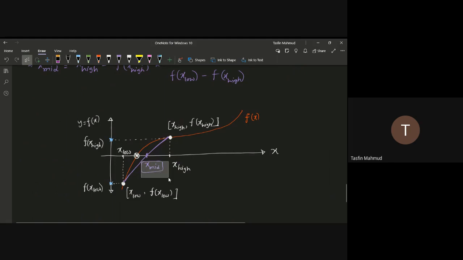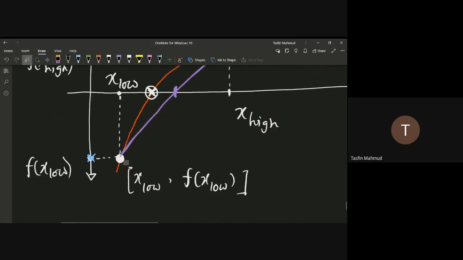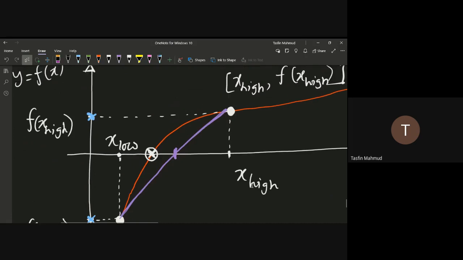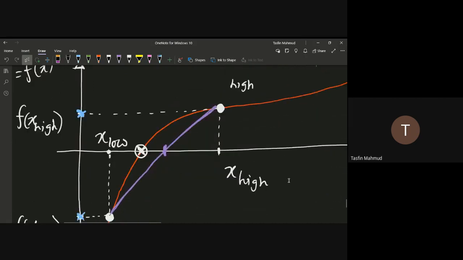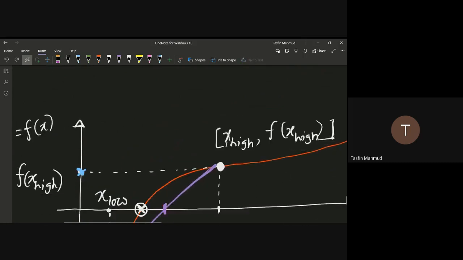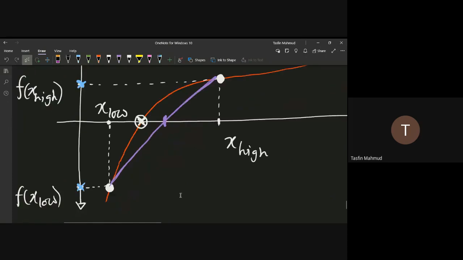If I zoom in once again, okay, so it would be our new x mid. I'm going to deal with these things. So it is the x mid value, and similarly we will calculate the function value for x mid.